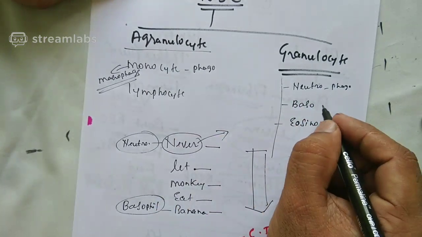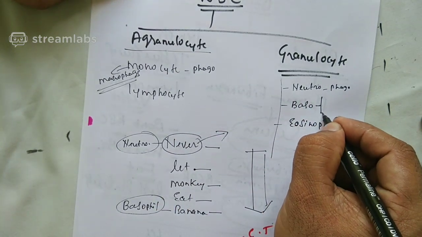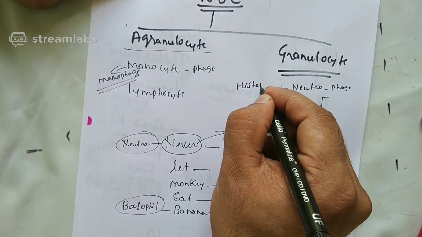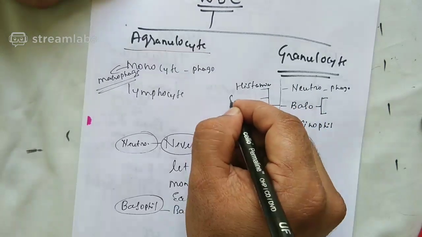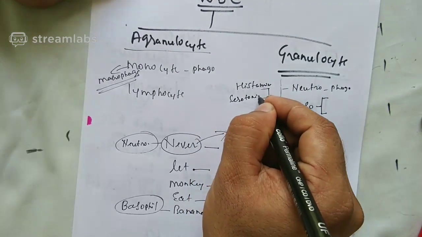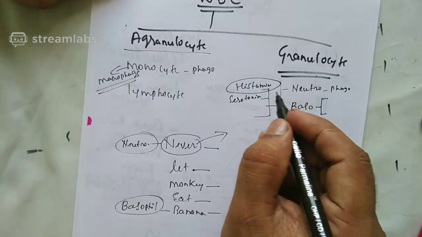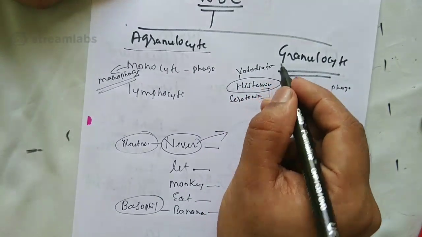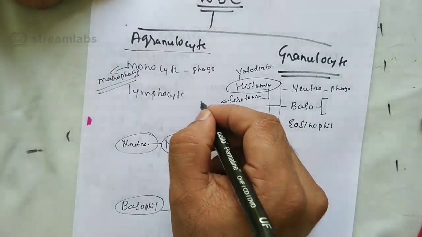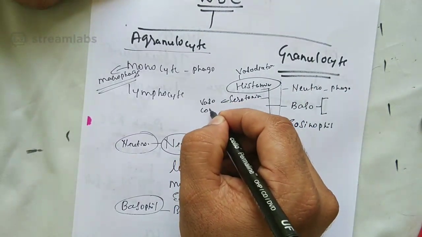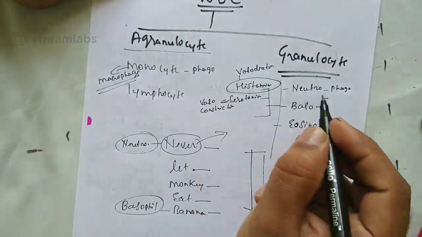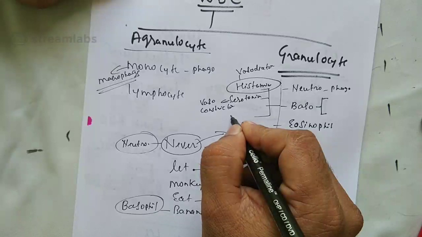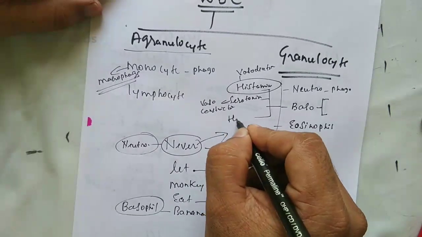Then comes basophils. Basophils are responsible to produce chemicals like, tell me, yes, histamine, serotonin. Histamine, vasodilator, responsible for allergy. Serotonin, vasoconstrictor, responsible for allergy also. And it also forms a very important one. What is that? You tell me. Heparin.